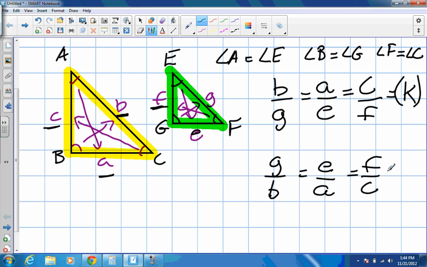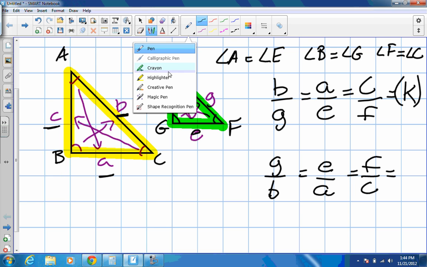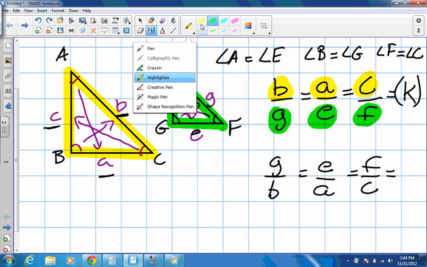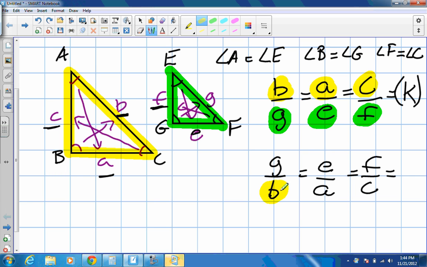So whether we divide with the larger triangle values on top and the smaller triangle on the bottom, or we use the larger triangle sides on the bottom and the smaller triangle sides on top, we're going to get something called a scale factor. And we represent it with the letter K.